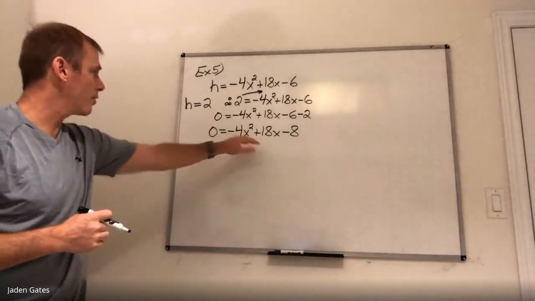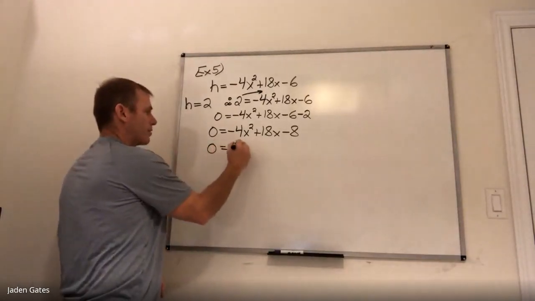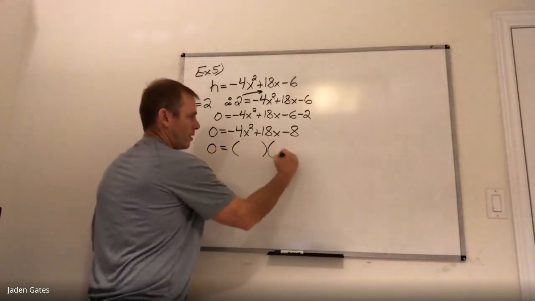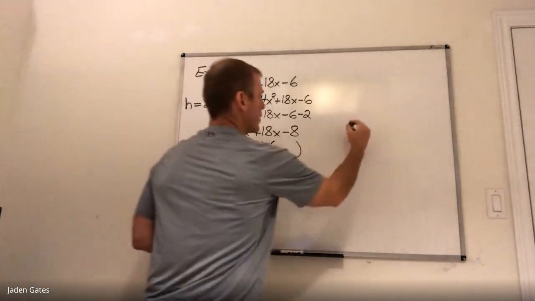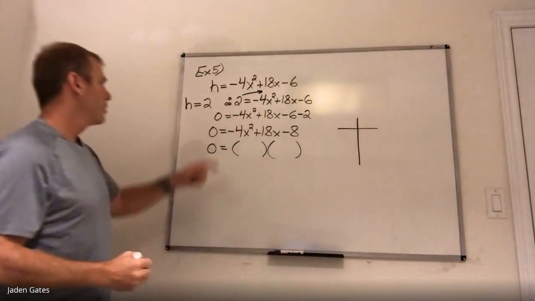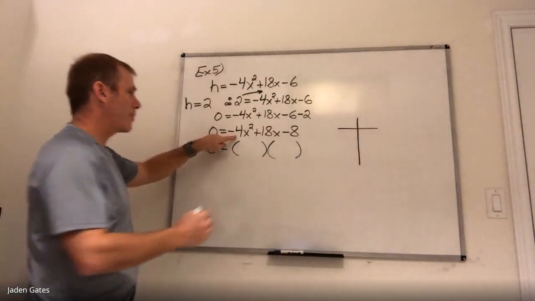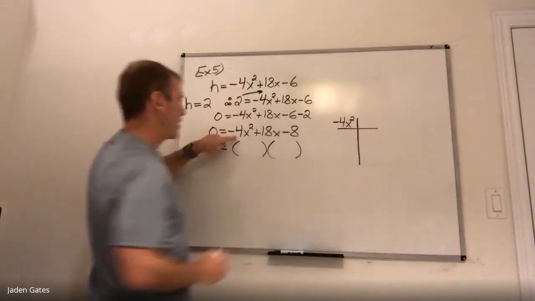Got everything together, got a 0 on one side. All right, so when I do factor this, I'm going to have my 2 pieces. So again, I'm going to go over and do my chart. My first term here, my negative 4x squared, goes in the top left-hand corner.